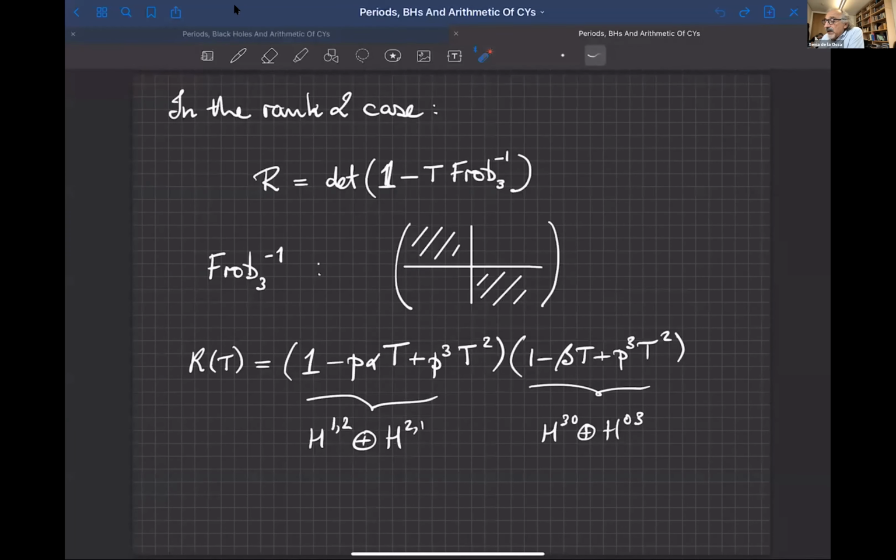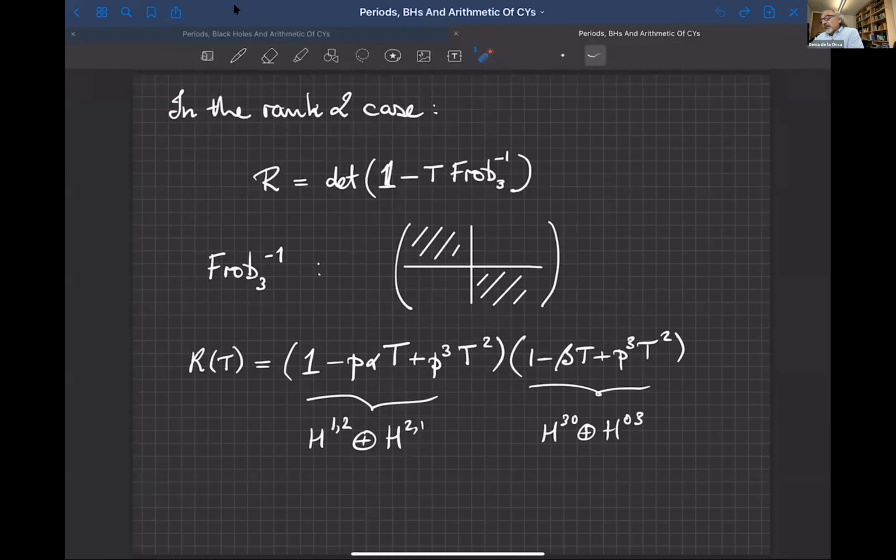And what's being said is that if you have an attractor point, then the third cohomology factors over the integers in a very interesting way, in that this H30 plus H03 is a 2-dimensional lattice plane, and the orthogonal space, the H12 plus H21, is also a 2-dimensional lattice plane.